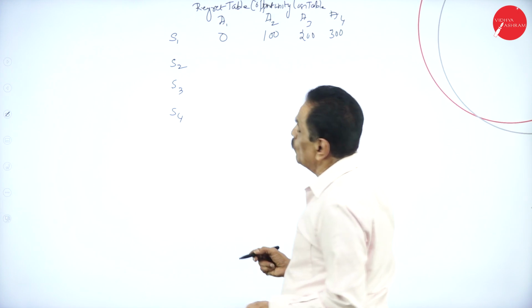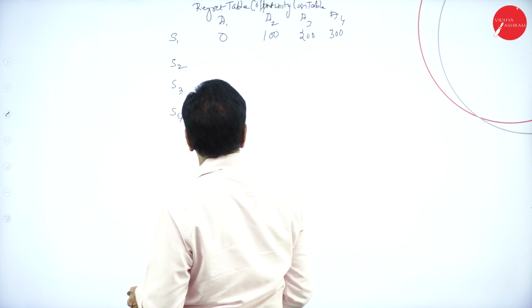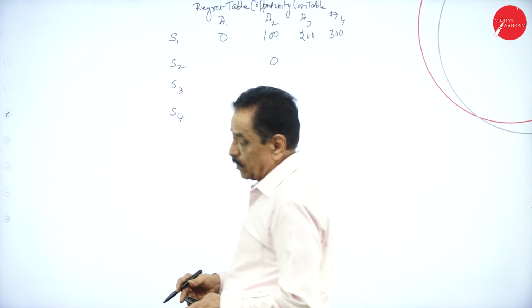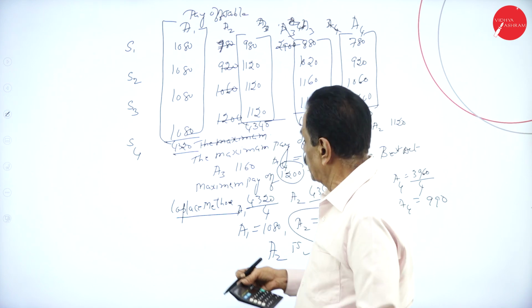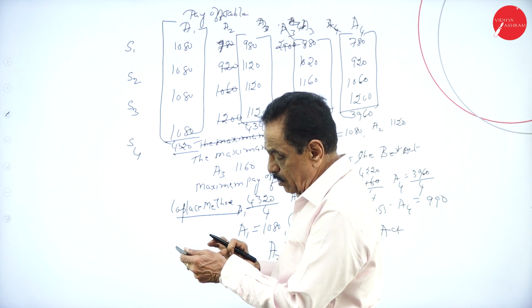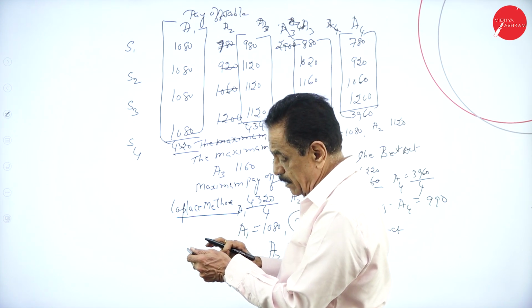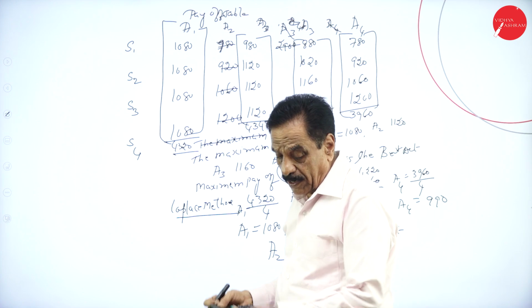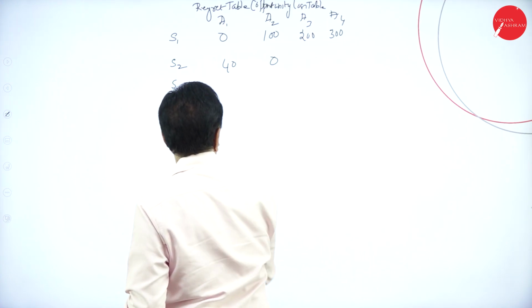Come back to second row. Which is the highest one here? 1120. Put at 0. 1120 minus 1080, 40. 0.